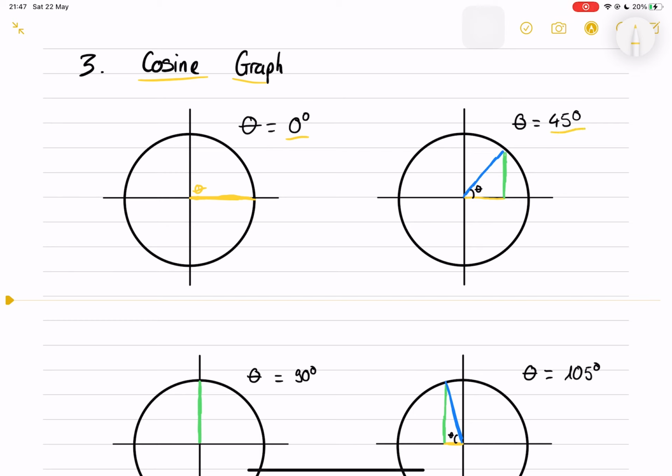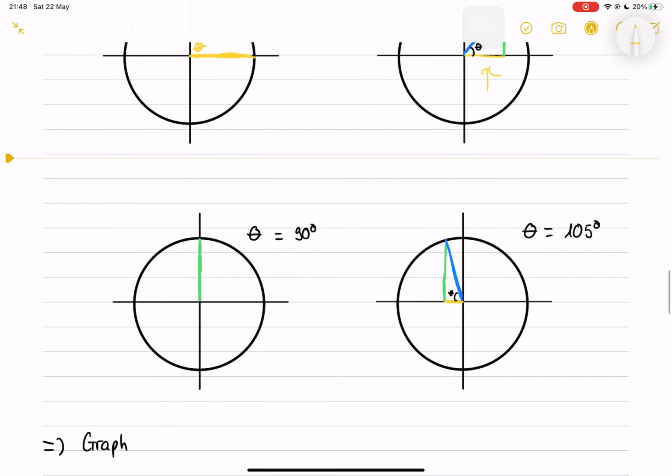If we have 45 degrees, we have a triangle, but this part is reduced. And at 90 degrees, which became this, which is not the cosine line. The cosine line is this line, which would make the cosine 0 centimeters, because the line is straight up, so perpendicular, and doesn't have any length here.